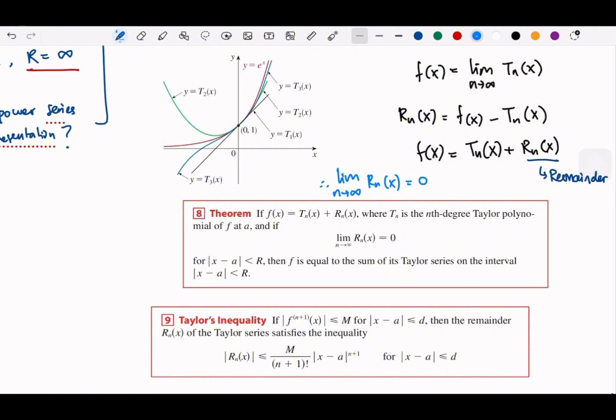And then to get the limit of the remainder equals 0, we need this, which we call Taylor's inequality. Taylor's inequality is actually a numerical method, an approximation, to approximate our unknown functions.